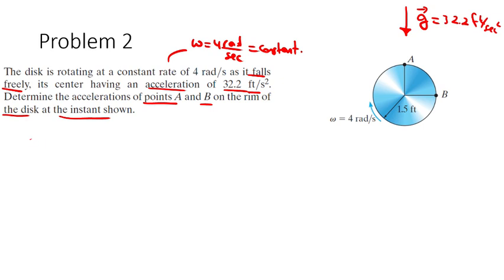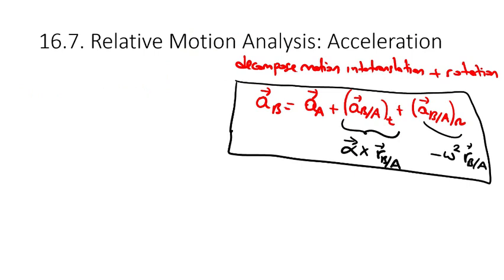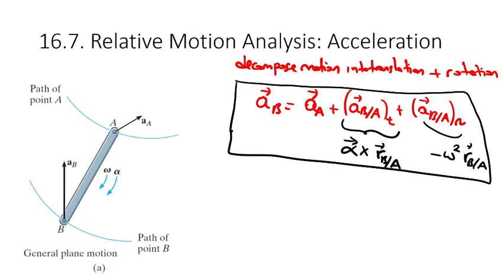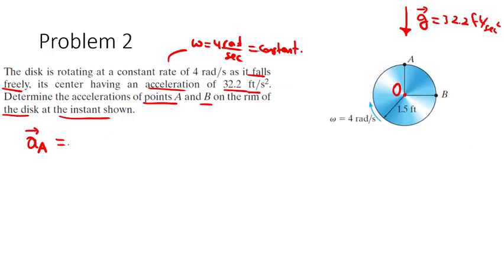Okay, so let's start first with A. The center here is O, and it has an acceleration of 32.2. I will just apply this equation here. So the acceleration of A will be equal to the acceleration of O plus the acceleration of A with respect to O, the tangential component, plus the acceleration of A with respect to O, the normal component.